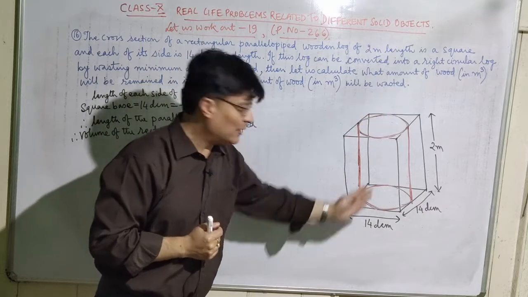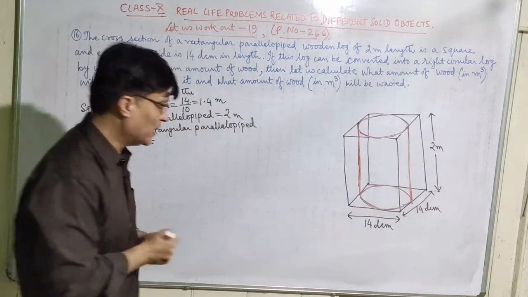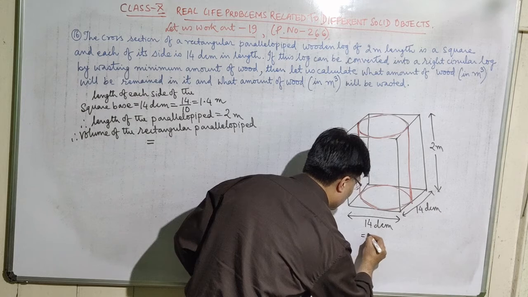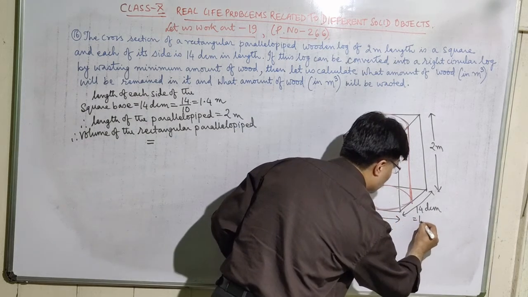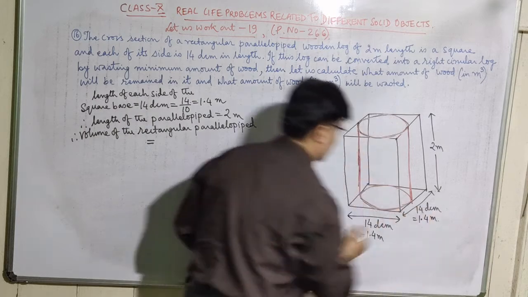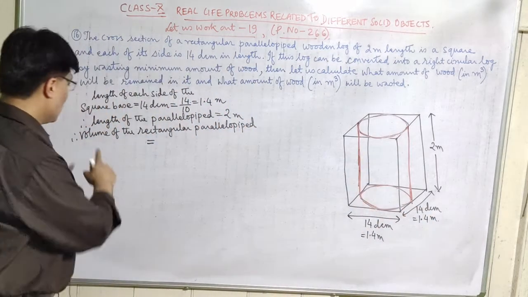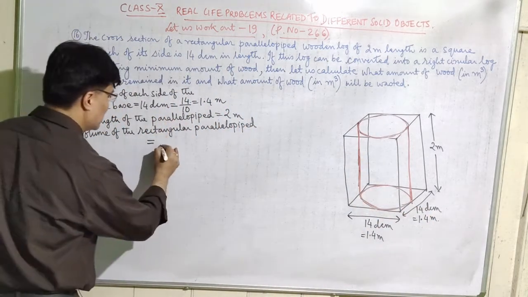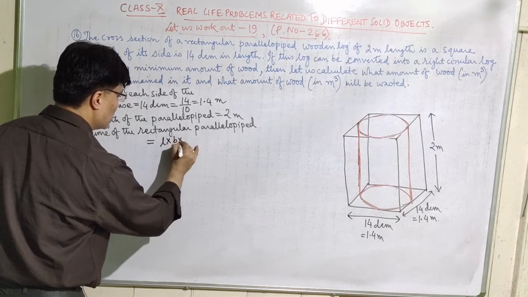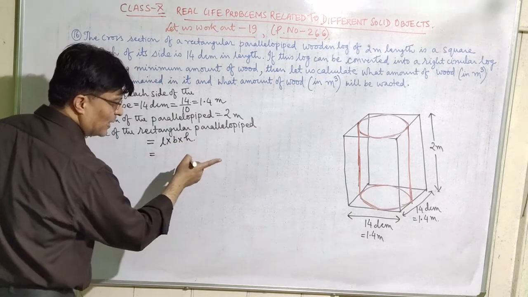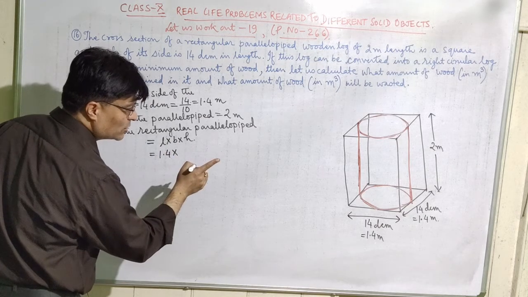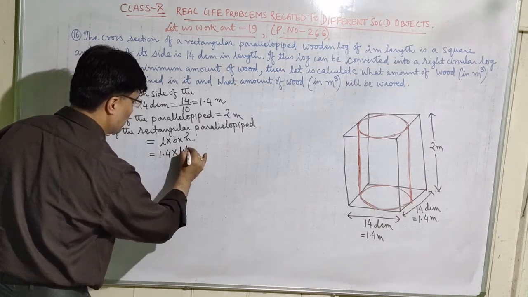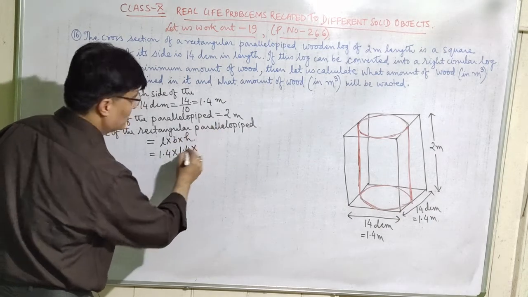Volume is length into breadth into height. Now it is converted into meter: 1.4 meter, and breadth is also 1.4 meter. The length is 1.4, the breadth is 1.4, and the height is 2.